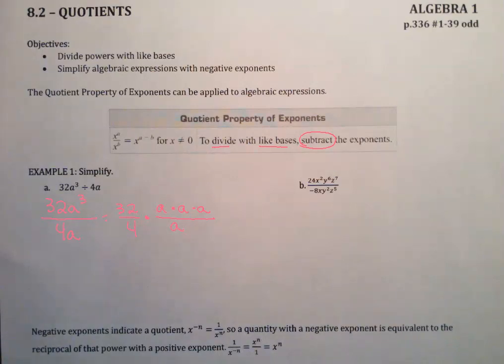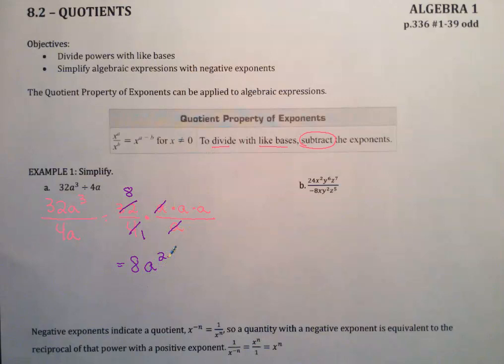What we've done in the past to solve these is cancel numerator and denominator. 4 goes into 4 once, 4 goes into 32 how many times? 8. So this is equal to 8, and then why a to the second? Because an a in the numerator and an a in the denominator cancel, and we're left with 2 of them.